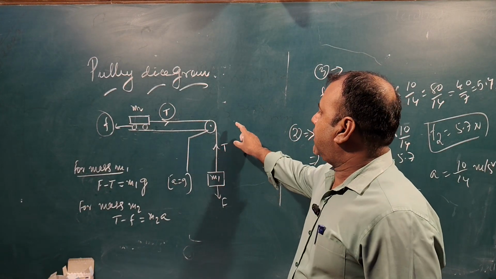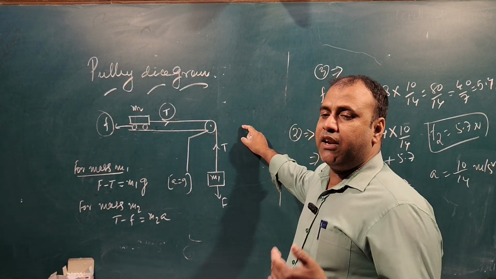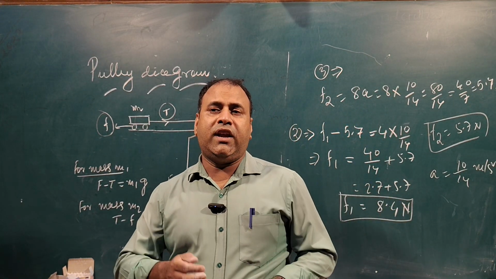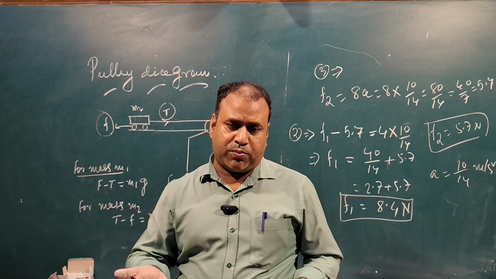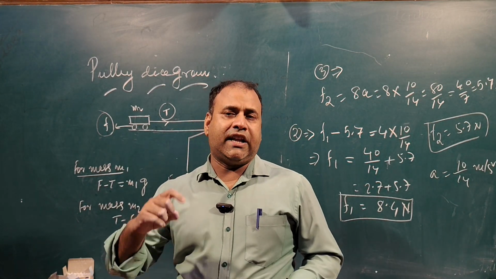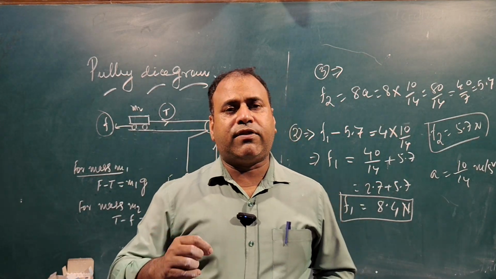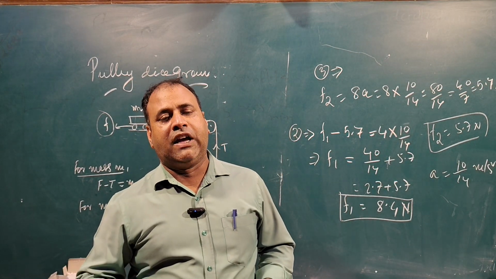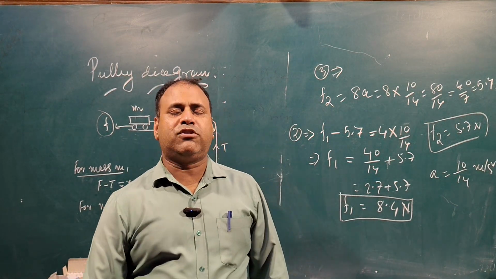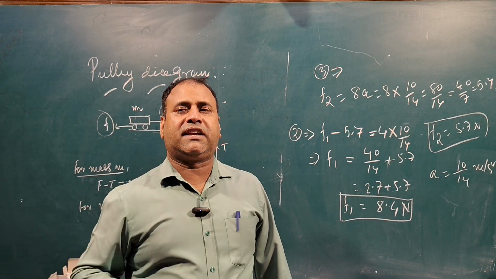So first you have to remember which one will be primary and which one will be secondary. Dear students, always remember, when a force is applied on an object, on a thread, then due to the force, tension will be created on that particular thread. So here applied force will be the primary force and the tension will be the secondary force. That is why you have to remember primary force minus secondary force.